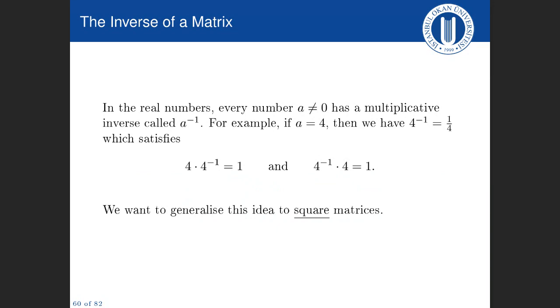So for example, if we have the number 4, then its multiplicative inverse is 4 to the power -1, or 1 divided by 4. And this is an inverse because it satisfies these two rules. 4 multiplied by 4 to the power -1, or 4 multiplied by a quarter, is 1. And a quarter multiplied by 4 is 1.